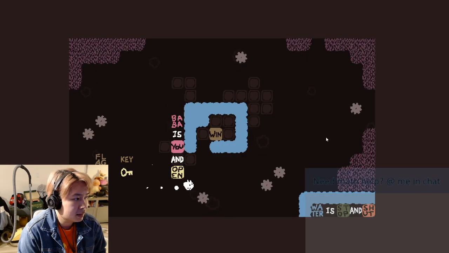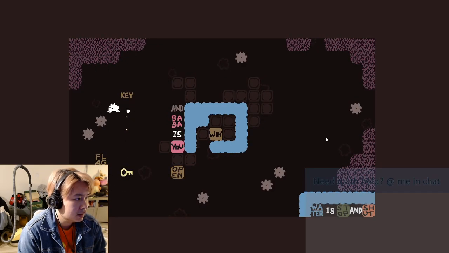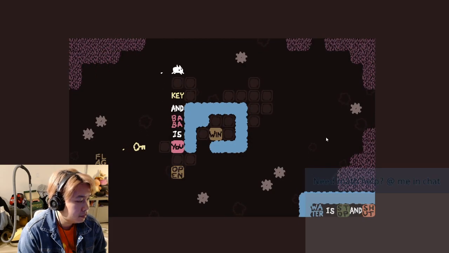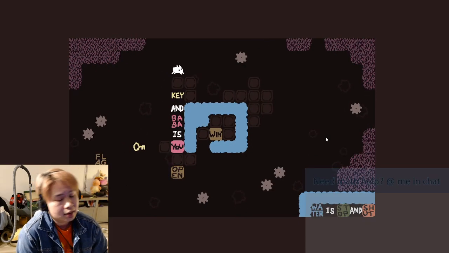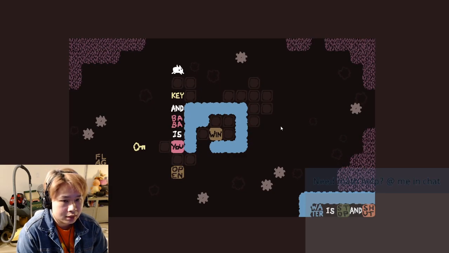Because what I can do is build the sentence key and Baba is you. So that means that now I control both the key and Baba. But I don't see what's the point in this.